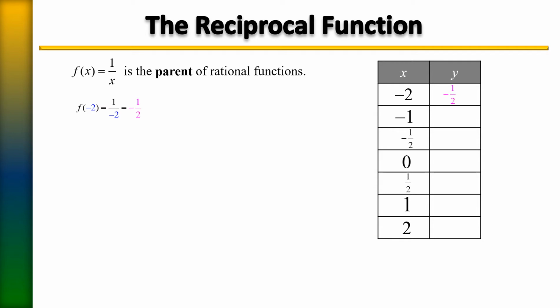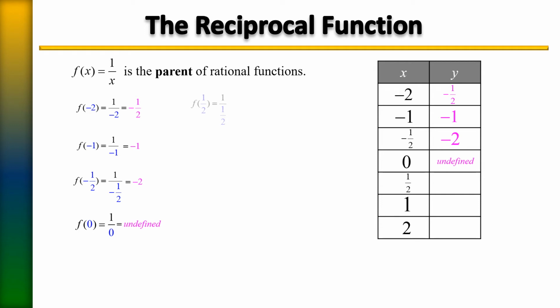If we plug in -1, that's going to give us an output of -1. If we plug in -1/2, 1 divided by -1/2 is going to give us -2. If we plug in 0, you know that when you have 0 in the denominator, it is undefined.